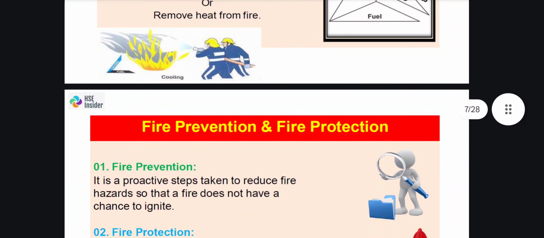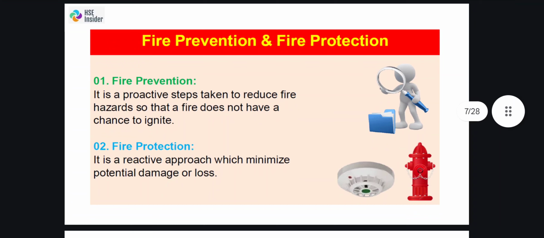So let's go to the other topic, fire prevention and protection. What is fire prevention? Basically it is proactive steps taken to reduce fire hazards so that a fire does not have a chance to ignite.